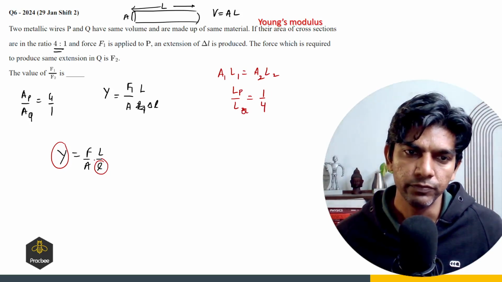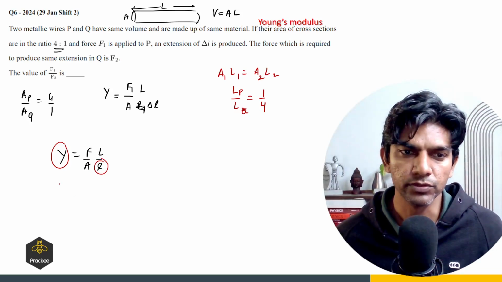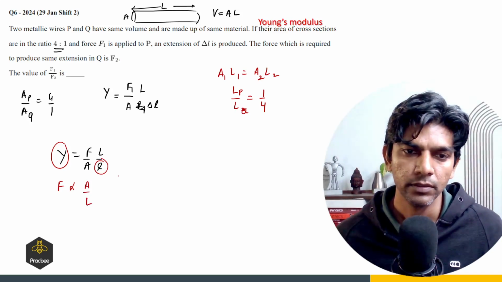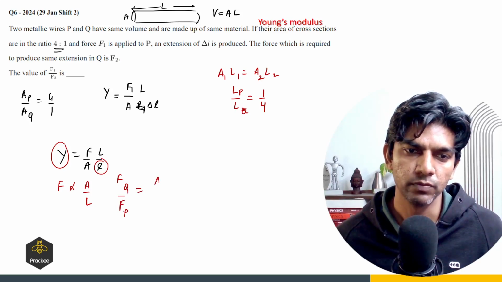So length will be different, area of cross section is different, so we have to find the force. So force will be directly proportional to A and inversely proportional to the length. So we can say FQ by FP will be equals to AQ by AP times LP by LQ.